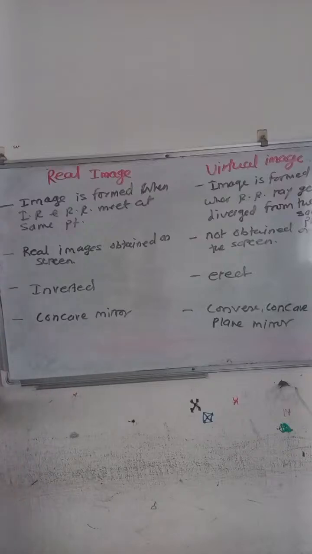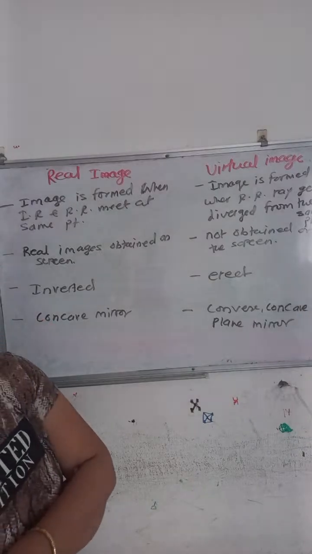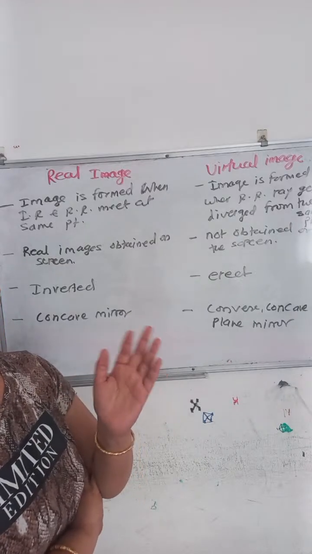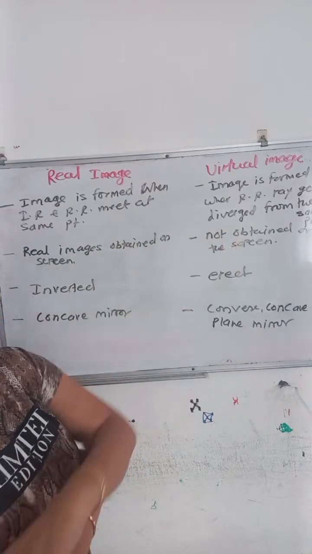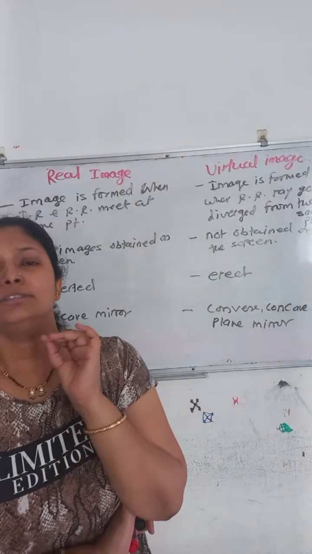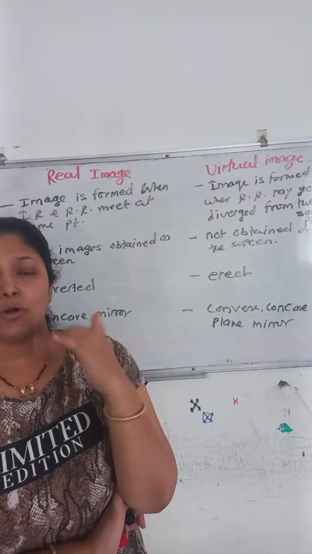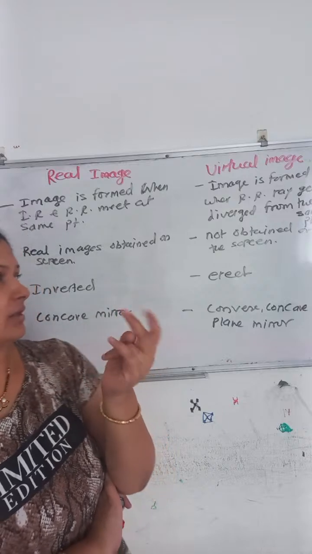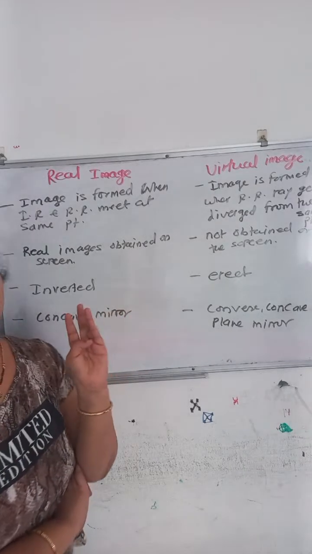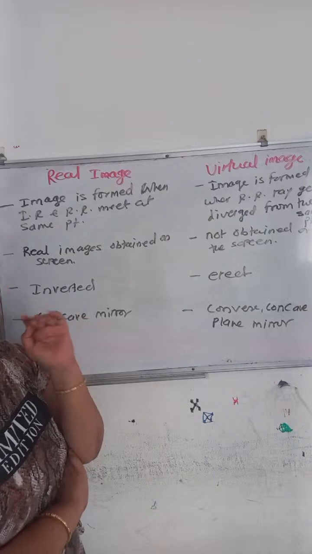Virtual images are formed by reflected rays which diverge from the same point. These images are not formed on the screen. They are always forming beyond the mirror, the image we are getting is erect, and these virtual images can be formed by convex, concave and plane mirror.